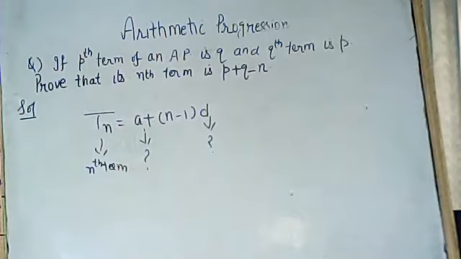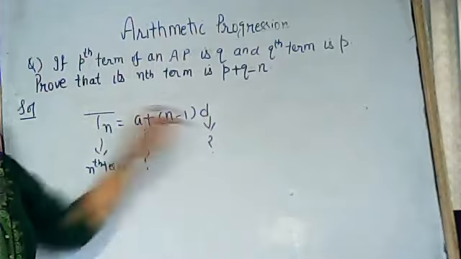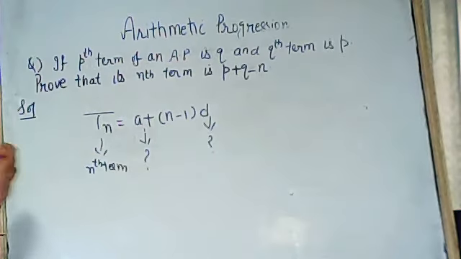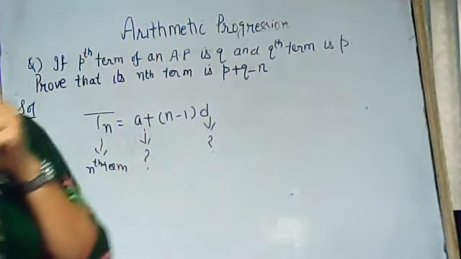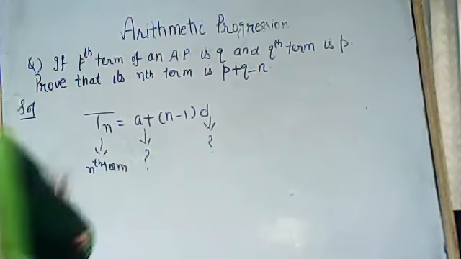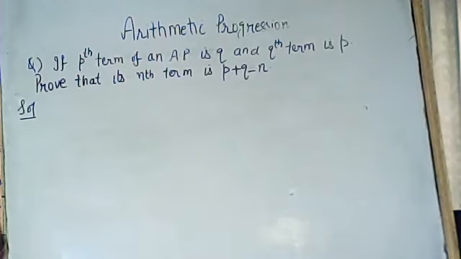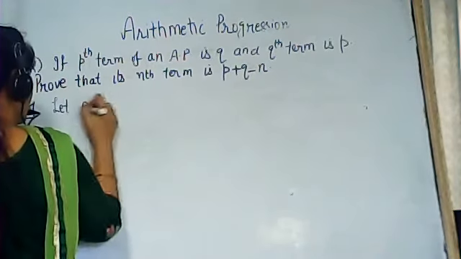So in the first step, we want to calculate the value of A and D. These are two variables, so to solve for them we need two equations. Let us make two equations to calculate the values of A and D.